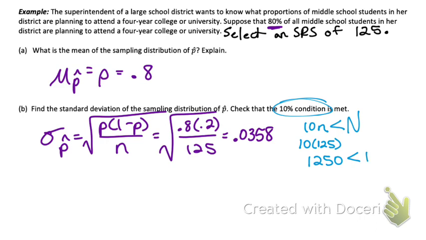Probably. Again, this will make way more sense in the next chapter. For now, we just go through the process. 1,250 is less than the population of middle school students in the large district. What was the question back there?